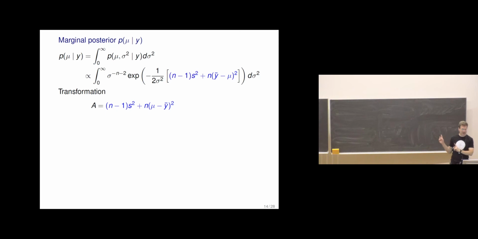Now we do a transformation so that the blue part of this equation is denoted with A, and in addition the extended blue part is denoted by Z. So A was the one inside the square brackets, and Z is everything inside parentheses except the minus sign.